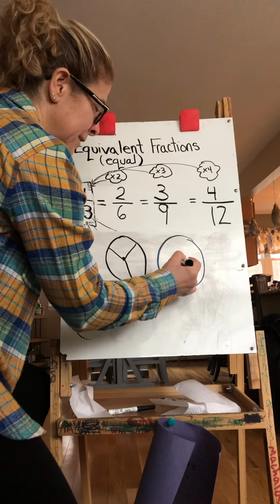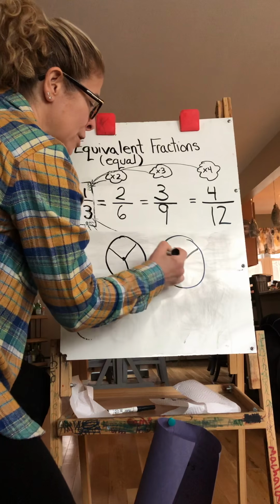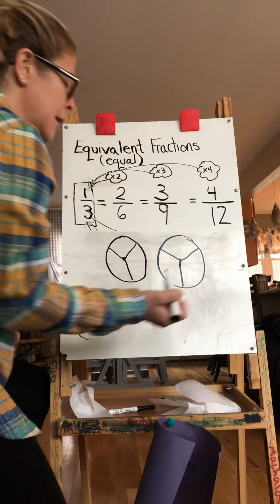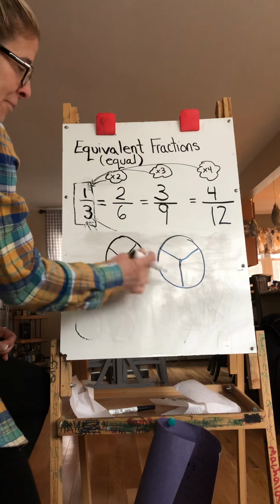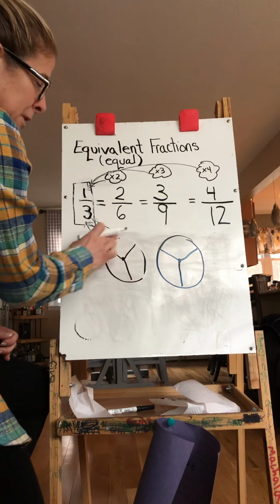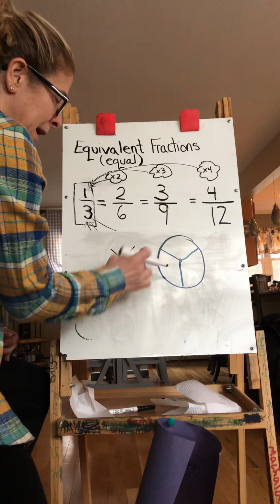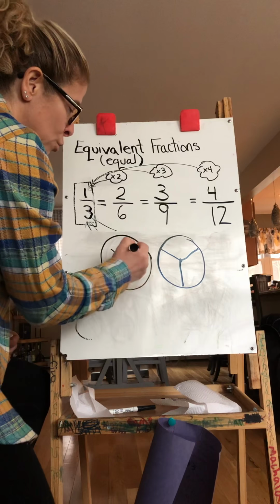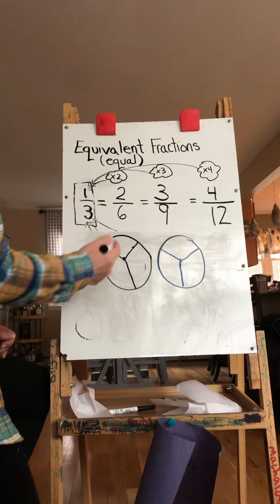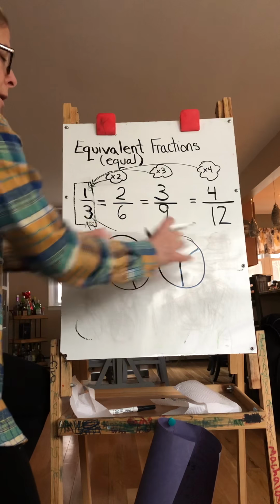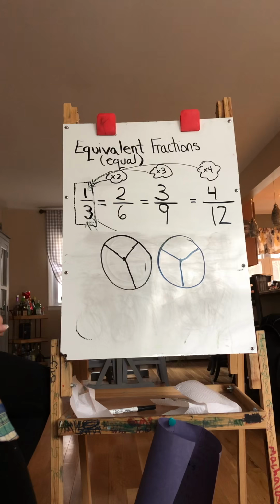They're not going to be perfect. Area models are not my first choice to use because they are harder to draw and make equivalent pieces. These two pieces are supposed to be the same size, and it's hard to draw area models the same exact size. So if you have two equal area models, then you can compare.